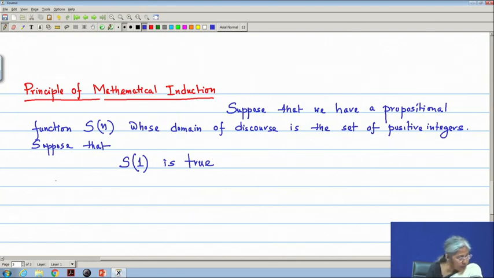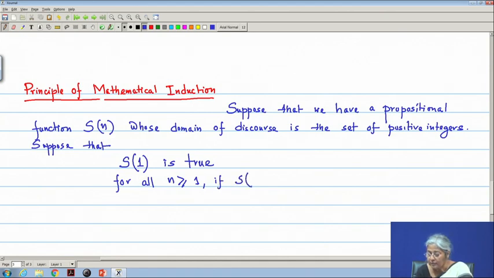For all n greater than or equal to 1, if Sn is true, then Sn plus 1 is true.